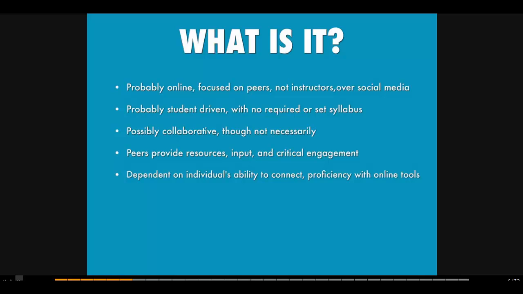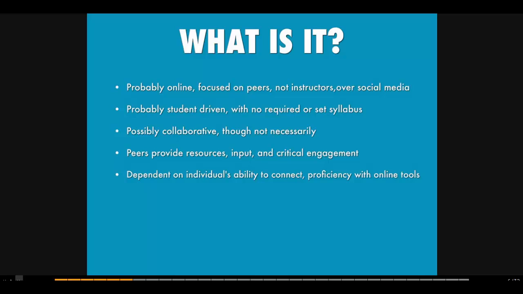In network learning, your peers will provide resources, input, and critical engagement. So you will connect with people on Twitter and on blogs and in magazines and in journals and via YouTube, and in the same way that you do in a staff room or in a faculty lounge or in a conference, you'll be looking to those people to feed you with new information, and they'll be looking to you to do the same thing.